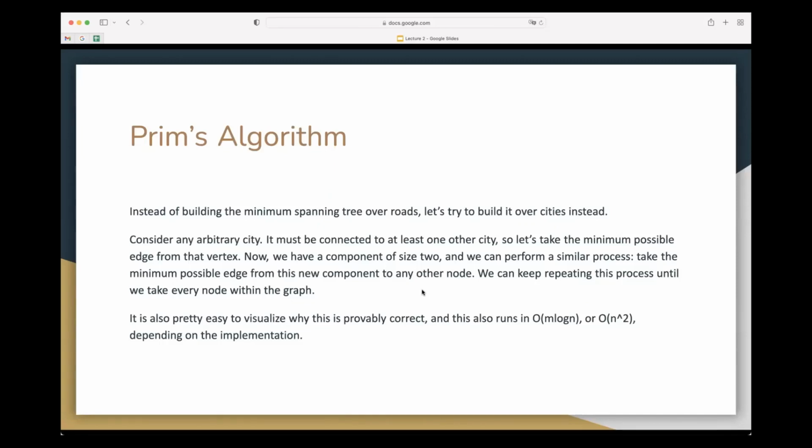They're one component, and any edge you take will essentially always work the same if it's just one super city rather than two individual cities that are connected by a road that we've already taken. So let's say we merge those two. Now we have a super city. Now we can do the same thing. From that super city, take the minimum possible edge from that vertex. Merge those two, create a super city.